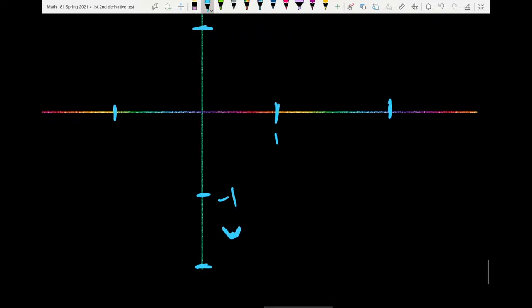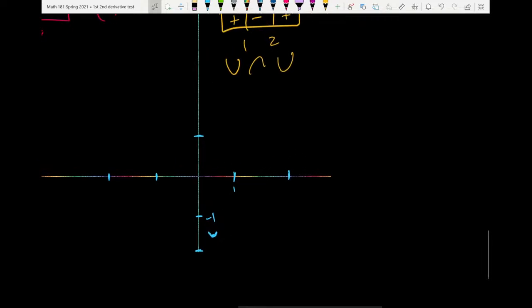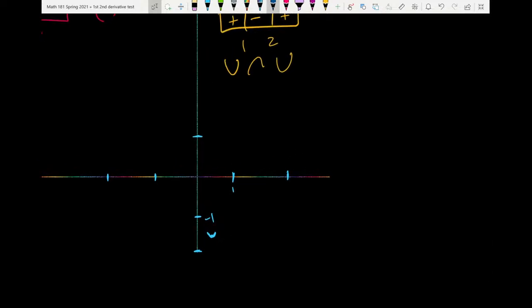And your point of inflection changes where? At 1 and 2. So over here, it's going to be curved downward. Over here, it's going to be upward. Well, it's an even function. That's going to start at the top and it's going to end at the top because the leading coefficient is positive.